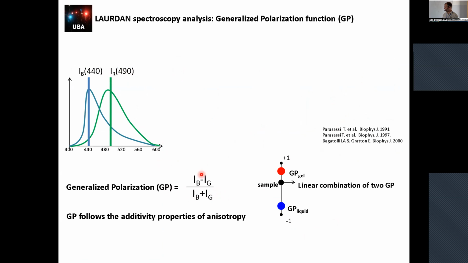The reason why the polarization function is important here is because we have in the denominator the total intensity, and this gives you additivity properties of the polarization. So we can then quantify different fractions of one or the other. If you do it ratiometric, for instance, you cannot do this, because these properties will not be kept.